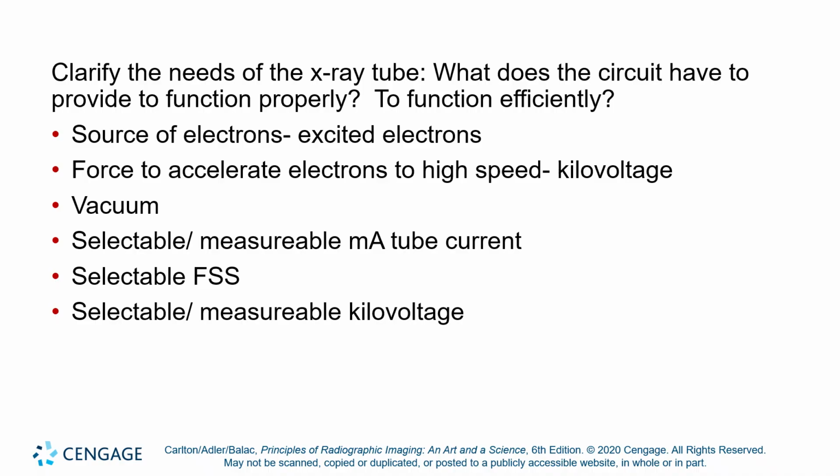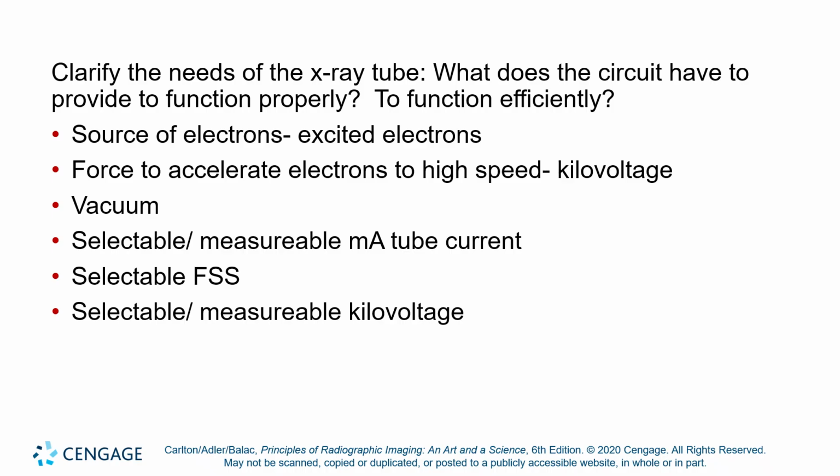Selectable measurable kilovoltage. Okay, so we also want consistent penetration with our X-ray beam. And so we need to be able to dial up to a specific penetration power, which we know is the kilovoltage. And we need to measure that on the circuit so we're assured that we are delivering the penetration power that we chose.